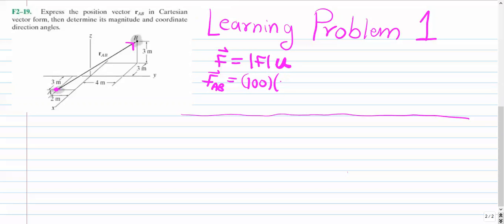And let's say the unit vector is negative ai plus bj plus ck. So our force vector would be negative 100 ai plus 100 bj plus 100 ck. The point is, in order to get a vector f from a unit vector and a force magnitude, we take their product, and that gives us the vector that we are looking for.